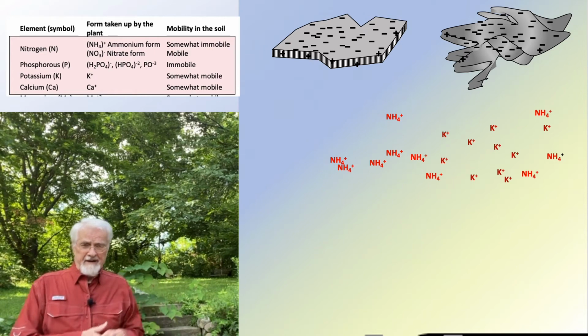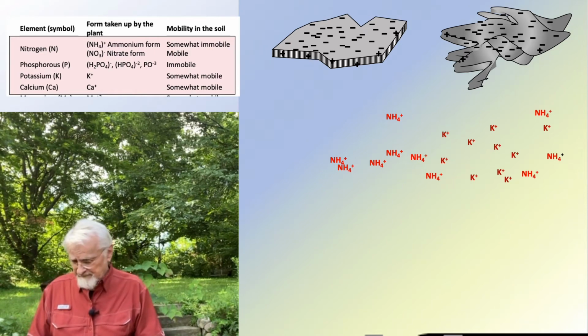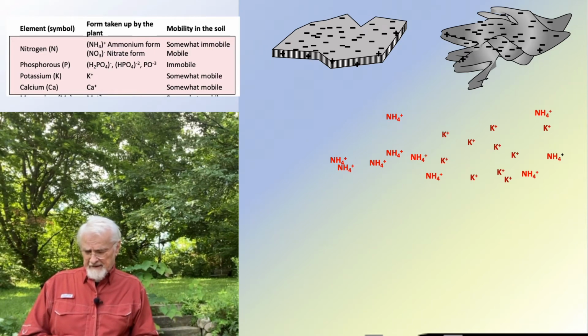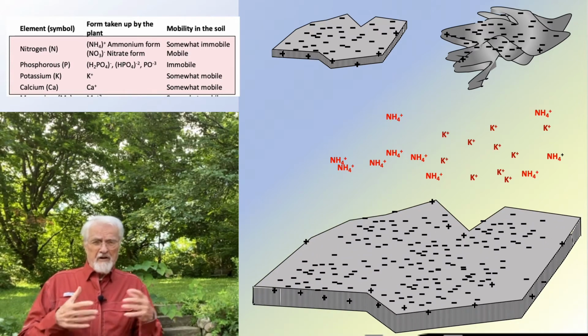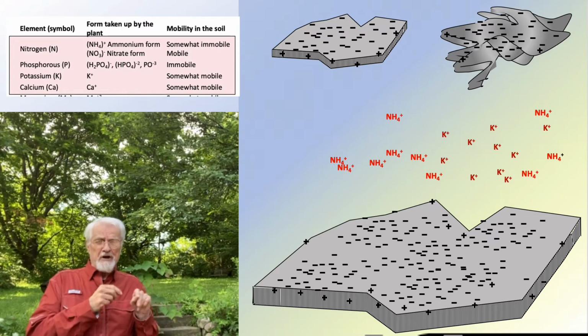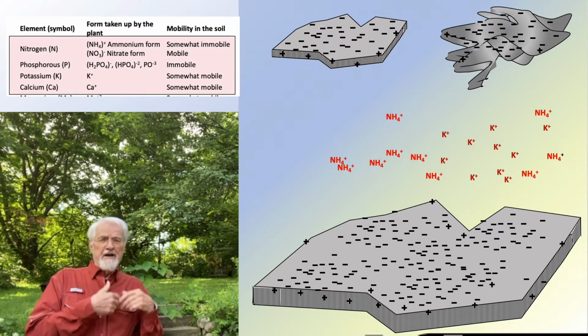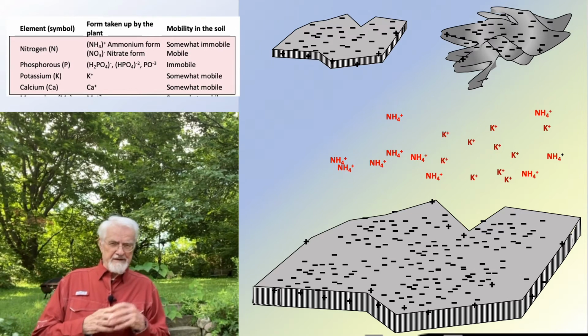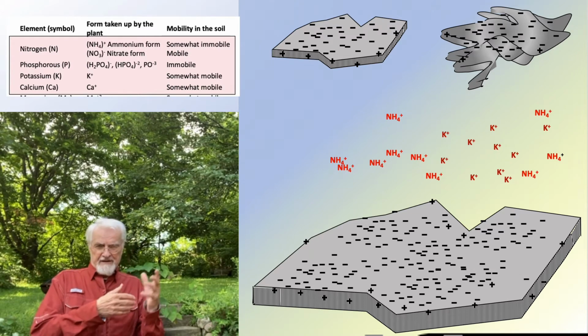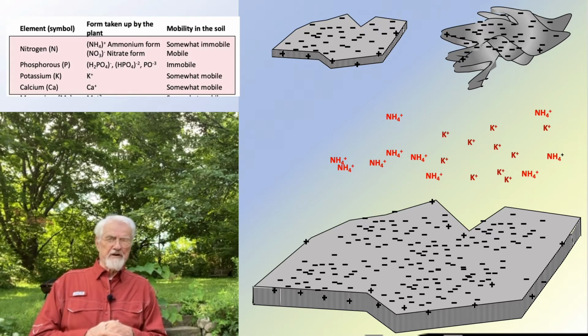So here I have an exploded view of one of those soil clay particles with all of its negative charges on top of it. You can see in red here, I've indicated I'm just using potassium and ammonium as the two cations that we'll be concerned with right now.